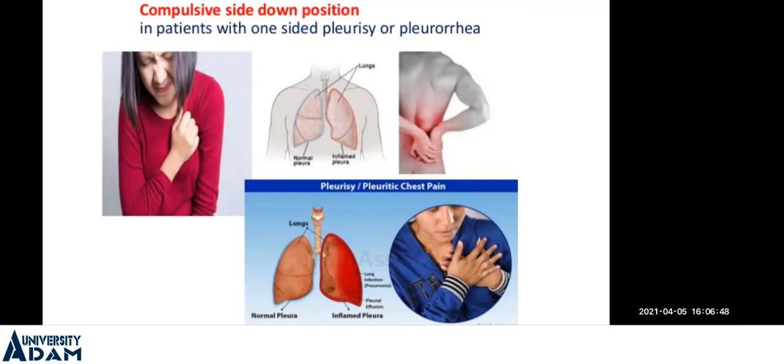So when the patient lies on the healthy side, there will not be so much friction of these layers, and the pain of the pleura will decrease. That's why the patient does the side down position to the healthy side. Okay, I hope it is understandable for you.